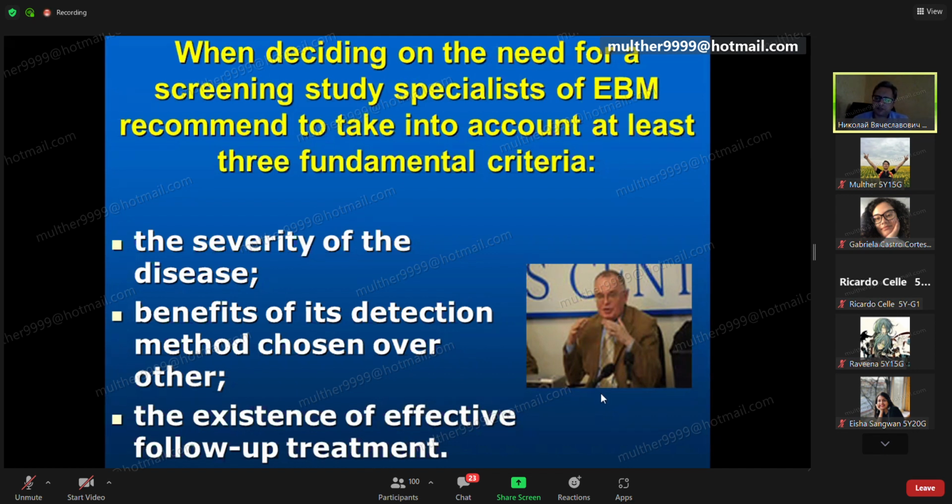If we can't treat any serious disease, such as Alzheimer's, or, for example, multiple sclerosis, if there are no effective methods, then there is no need to organize screening, especially a very expensive one.